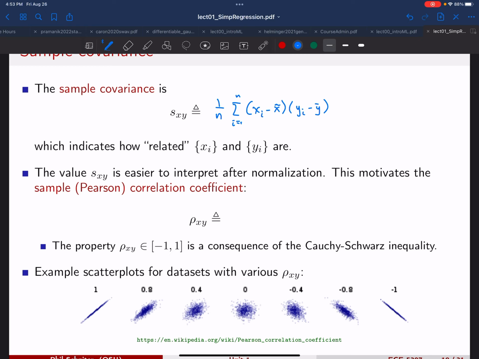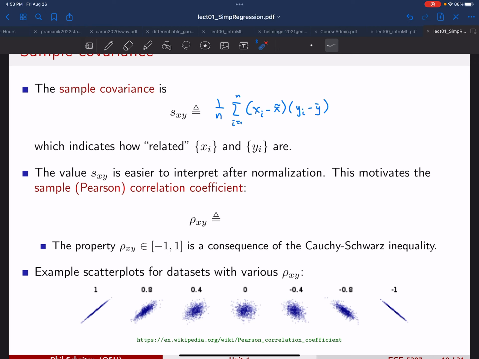Because I get a gain of 2 here, and a gain of 2 here. 2 times 2 is 4. So even though I really haven't changed how much x and y are related to each other, I've just scaled them, and all of a sudden the sample covariance is 4 times. There's something not so convenient about that. It turns out the sample covariance is not just about how related x and y are, it's also about how large those values are.